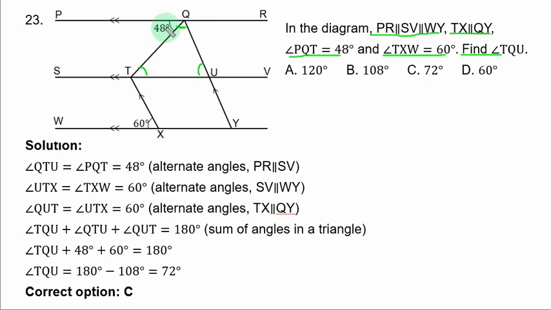TQU. All right, this angle here, angle PQT, that is 48, is equal to this angle QTU, alternate angles, because of the parallel lines. So already we know QTU as 48 degrees. Now UTS is equal to angle TSW.